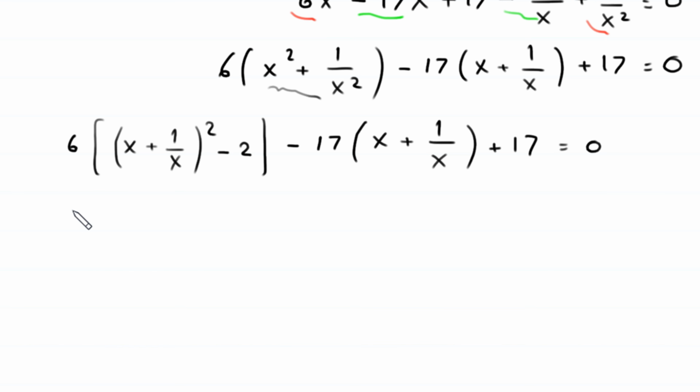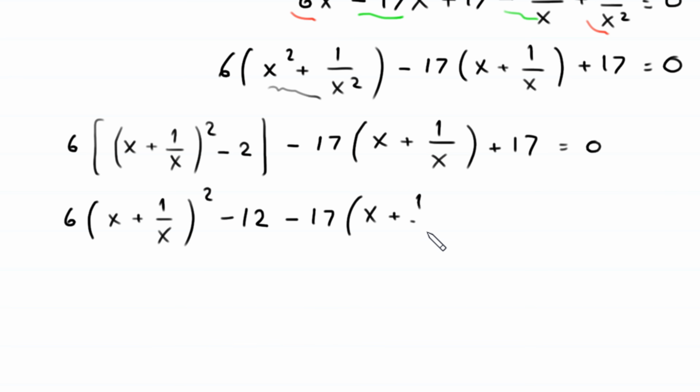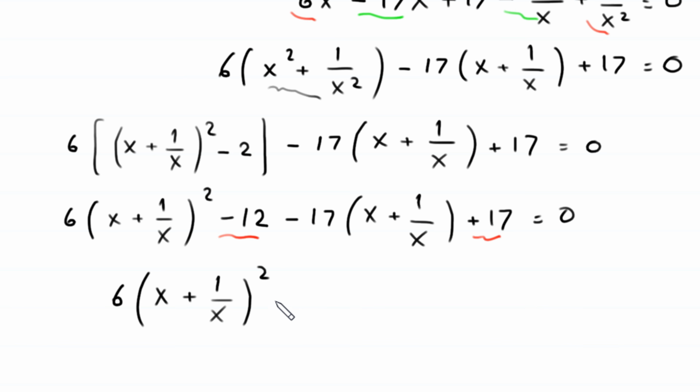Distribute this 6, this will become 6 times (x plus 1 over x) whole squared, 6 times negative 2, negative 12, and minus 17 times (x plus 1 over x) plus 17 equal to 0. And solving these two like terms, negative 12 and plus 17, this will become 6 times (x plus 1 over x) whole squared minus 17 times (x plus 1 over x) plus 5 equal to 0.